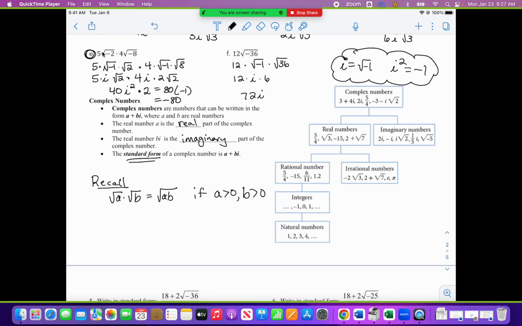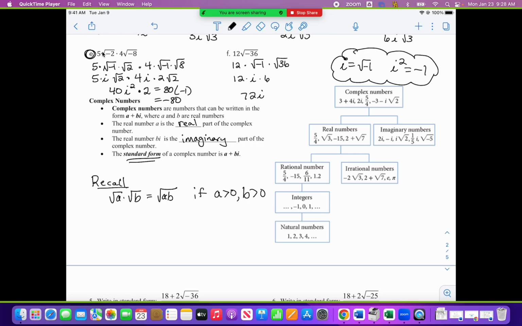So let me talk about this diagram that's to the right. Everything now is considered a complex number because all of our real numbers just mean that the imaginary part is 0, and that's okay. So everything is a complex number.